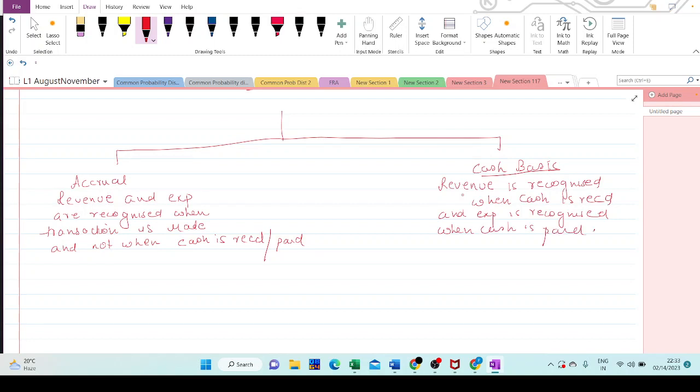Right? So, two bases of accounting: accrual basis and cash basis.